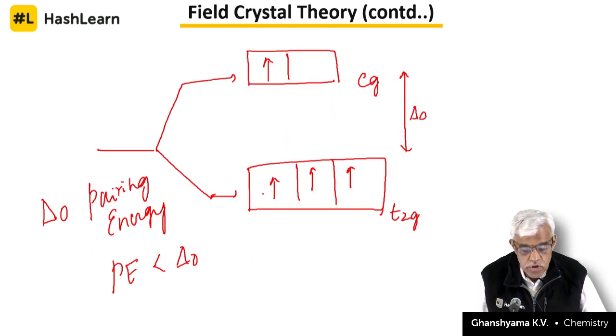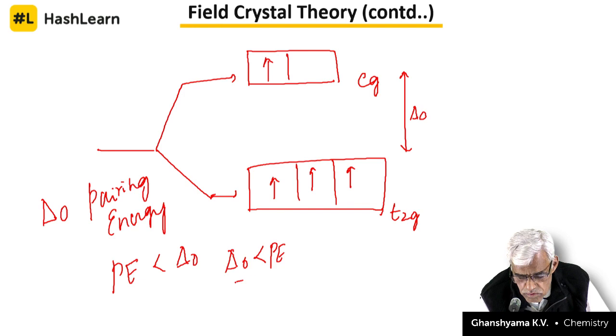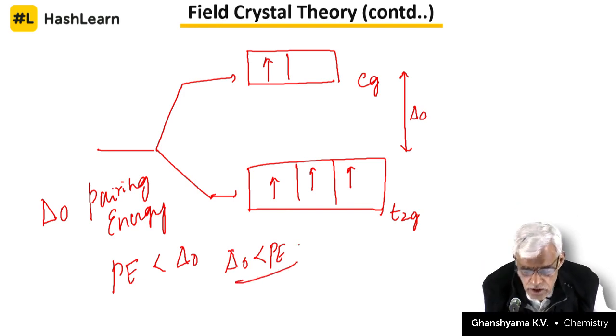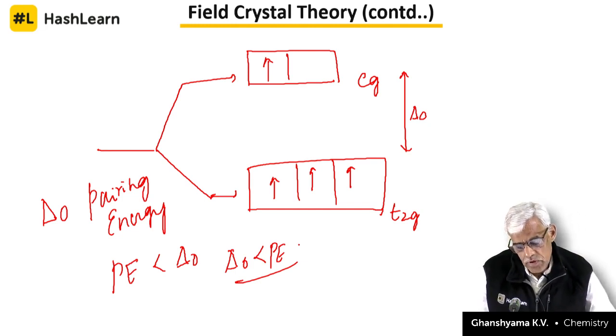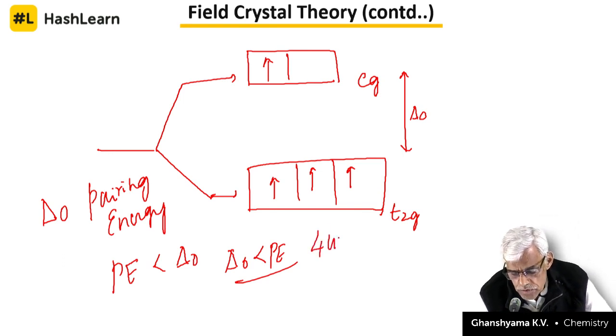If delta 0 is less than the pairing energy, then the electron goes to the next level. Now you have 4 unpaired electrons.